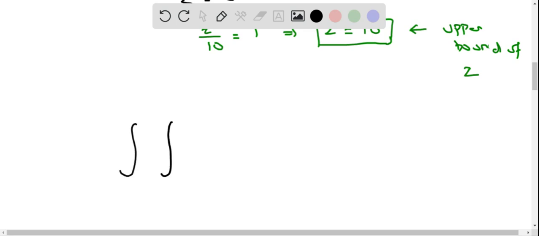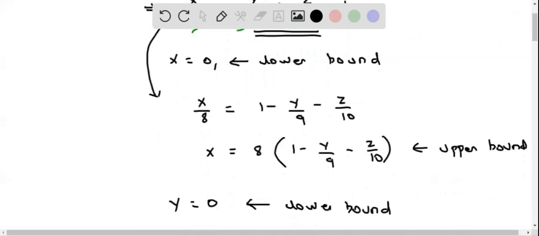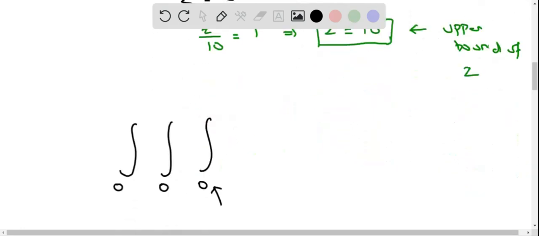First here we write the lower limit and upper limit of x. The lower limit, in fact, for all the variables is 0. So I put 0. And for the upper bound of x, we utilize this expression: 8 times 1 minus y by 9 minus z by 10.